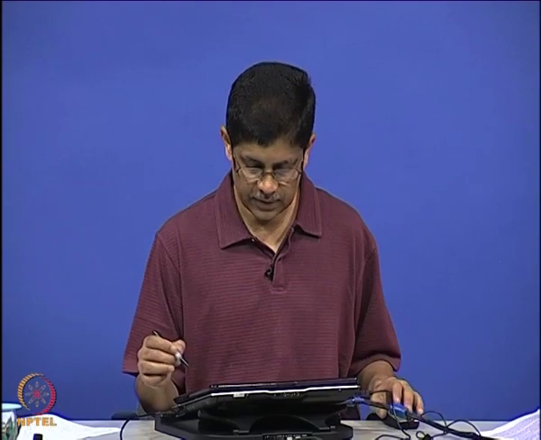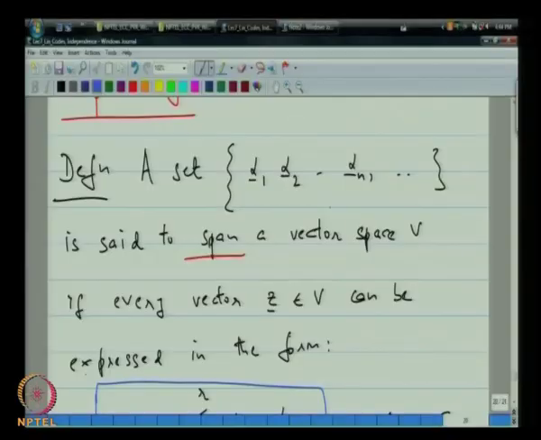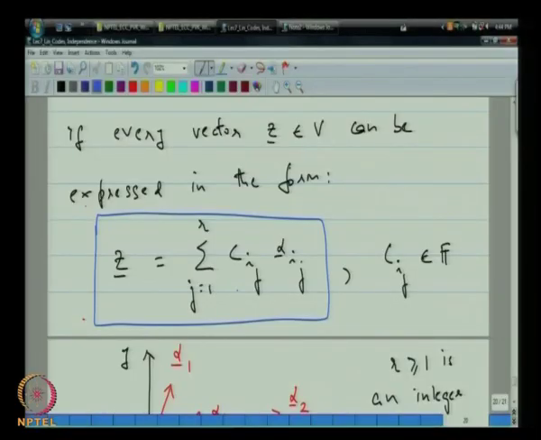In the infinite case, if you want to make sure that it is able to generate a certain vector z, you will call upon a certain finite subset of vectors.